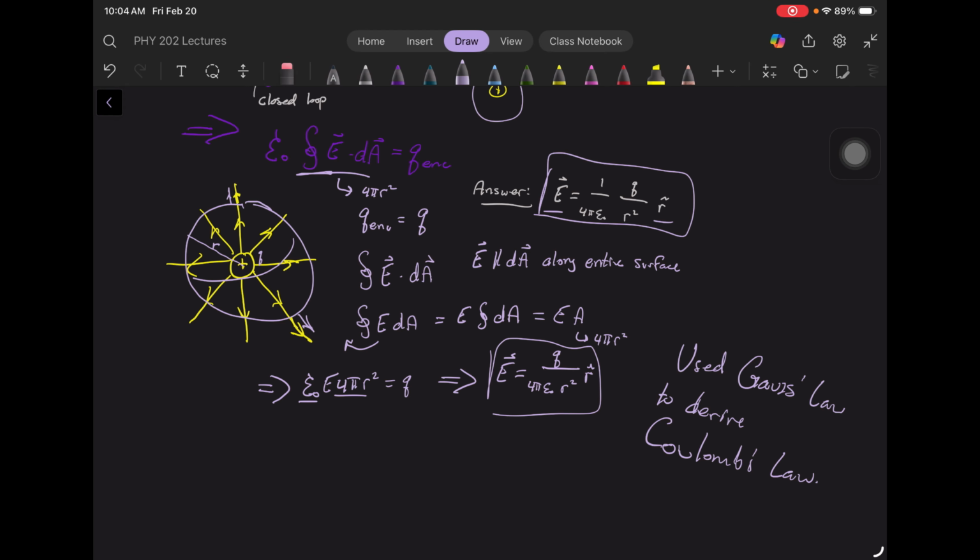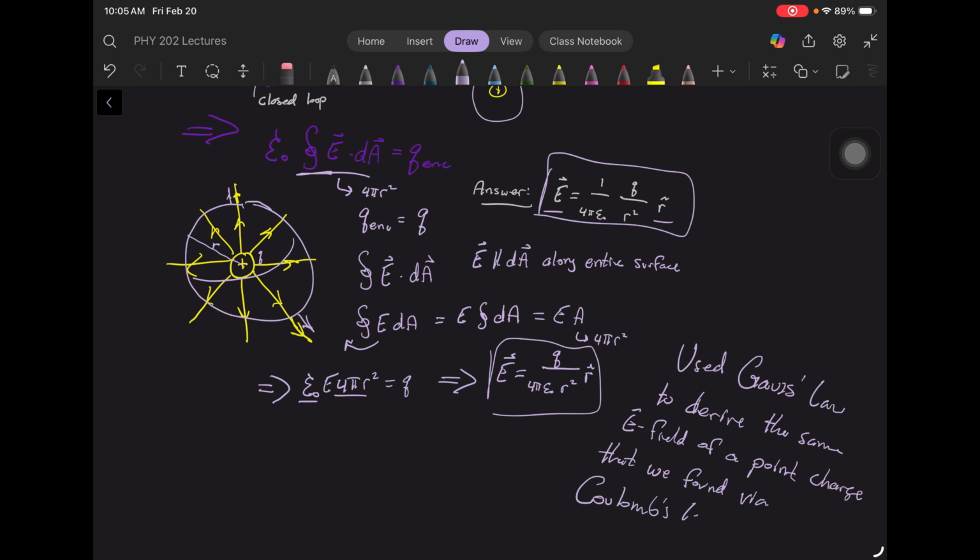Okay, now, I mean, technically Coulomb's law deals with the force. So let's make this technically correct. To derive the same E field of a point charge that we found via Coulomb's law.